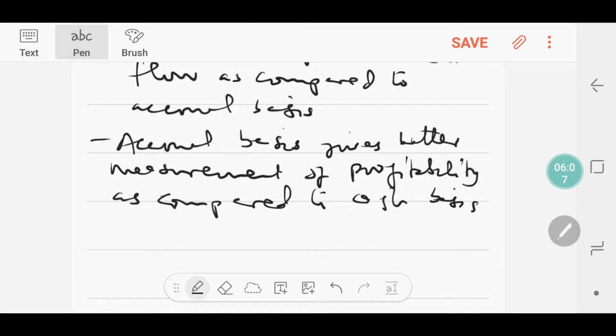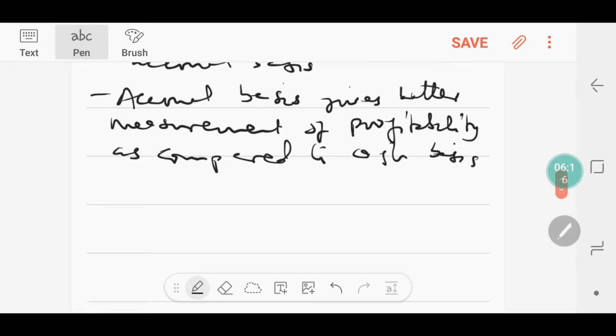This is because accrual basis associates the determination of income with the matching principle. In accrual basis it is easy to track the profitability of the company as compared to cash basis, because in accrual basis we match expenses and revenue, whereas in cash basis we just record when cash is paid or received. So accrual basis gives a better picture of the profitability of the company as compared to cash basis.